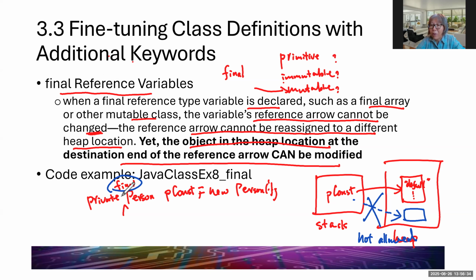You cannot. But this will be allowed: the contents on the heap, you can change, for example, the name to hello. This will be fine. So just be careful about final, the constant concept here.